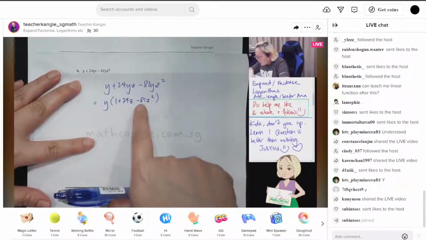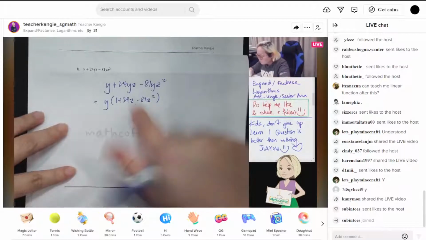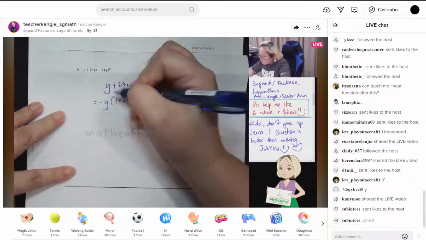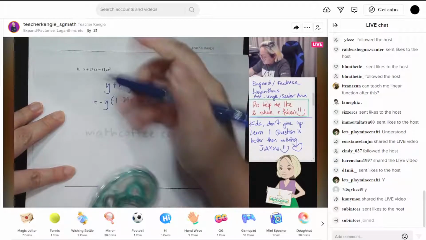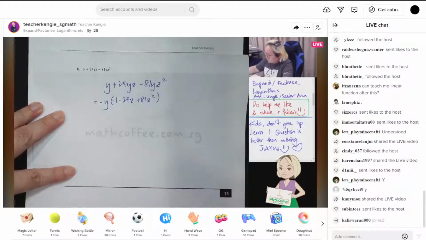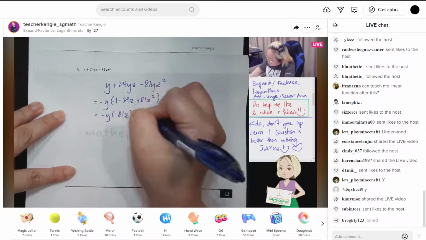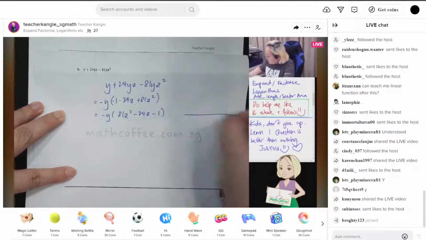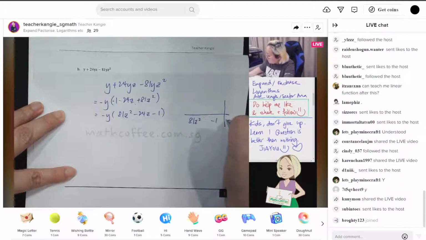But kids, do you see that I have a minus 81z squared, which is very irritating? So usually what I do is I take out minus y. This one becomes minus, this one becomes minus, and this one becomes plus. To rewrite, it will be minus y, 81z squared minus 24z minus 1. So then we will factorize 81z squared minus 24z minus 1.